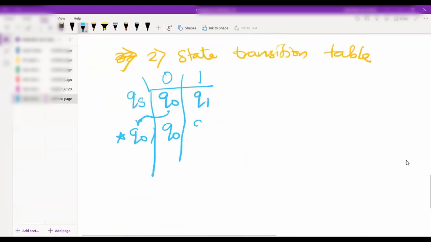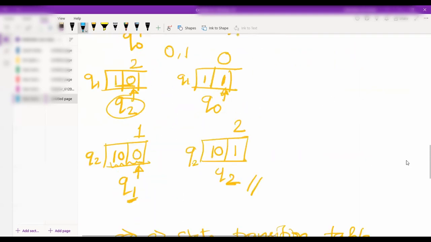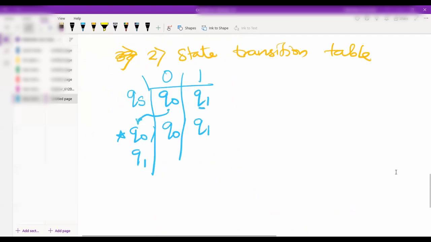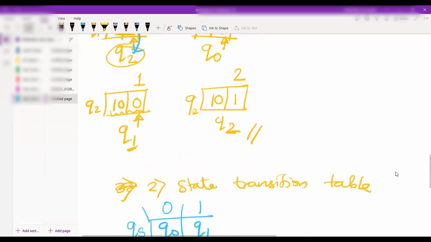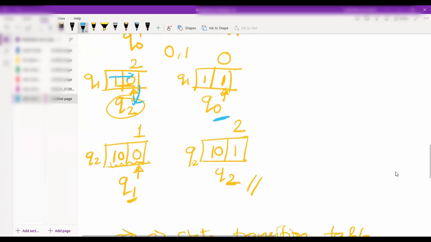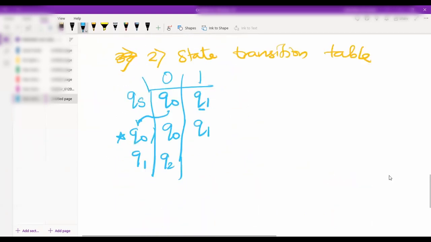Q0 on 1 is going to Q1 state. Now we have to consider the state Q1. So Q1 on 0 goes to Q2 state, and Q1 on 1, where is it going? It is going to Q0 state.